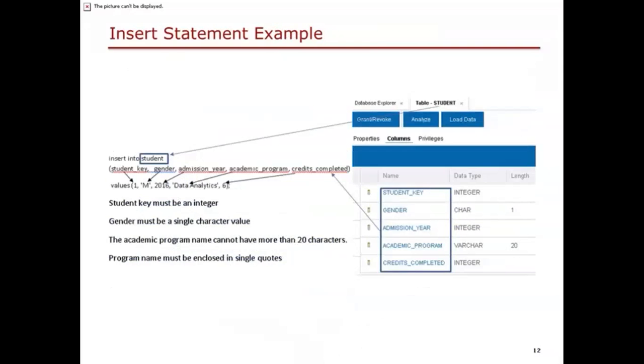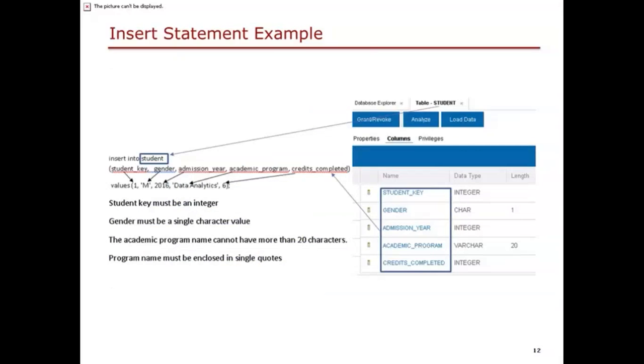And here I'm just showing you an example, right? If you look at the table structure that I was showing you, this is a list of columns, and I put them here. And this is a list of data values. And then I'm saying student key must be an integer, so it has to be a number, and we need to remember that we have to use unique numbers, right?